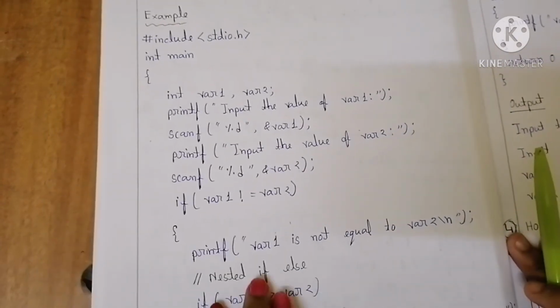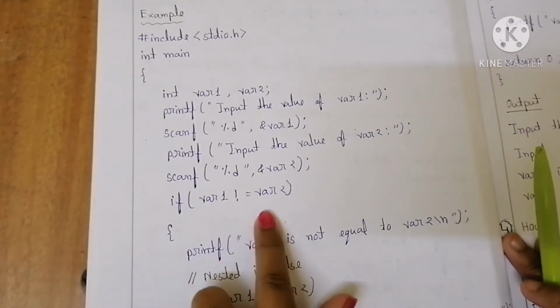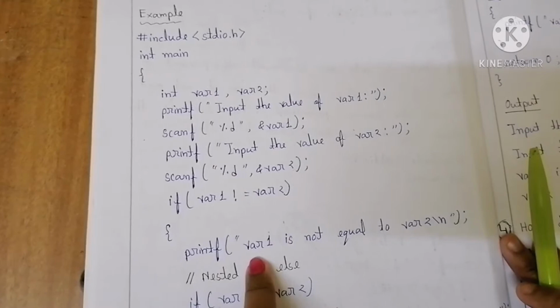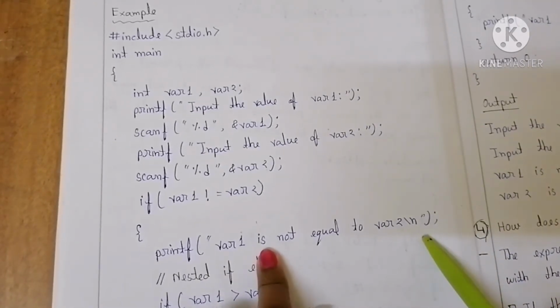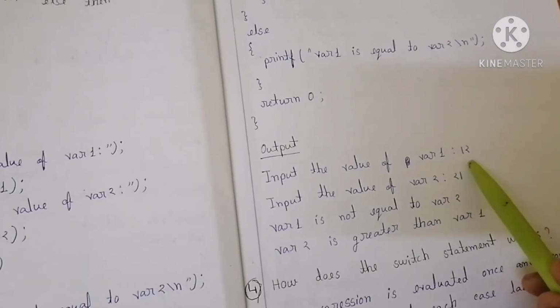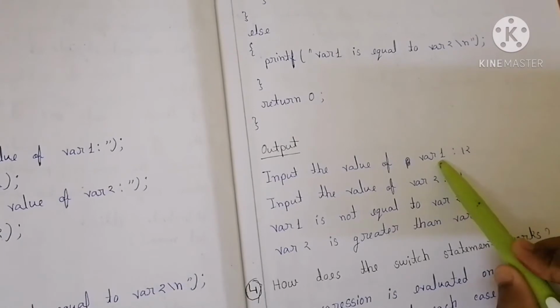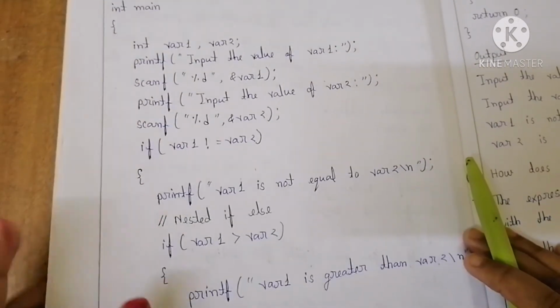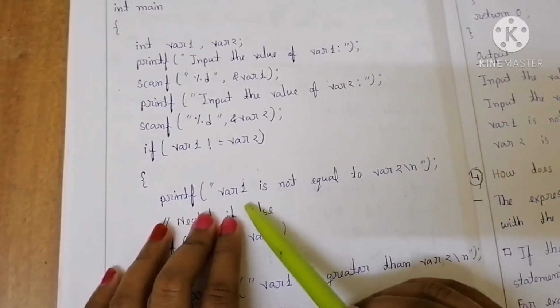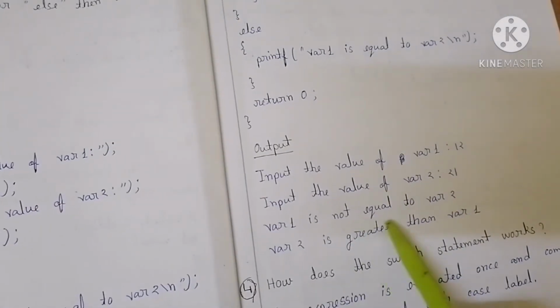The first statement was, if they are not equal, it will print variable 1 is not equal to variable 2. Here the values are not equal, so it will give an output as variable 1 is not equal to variable 2.